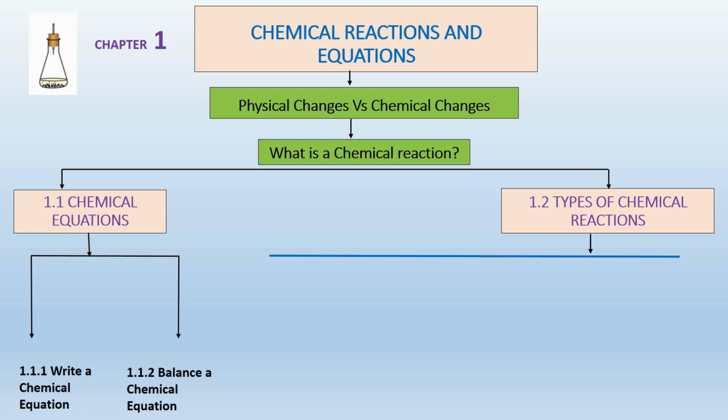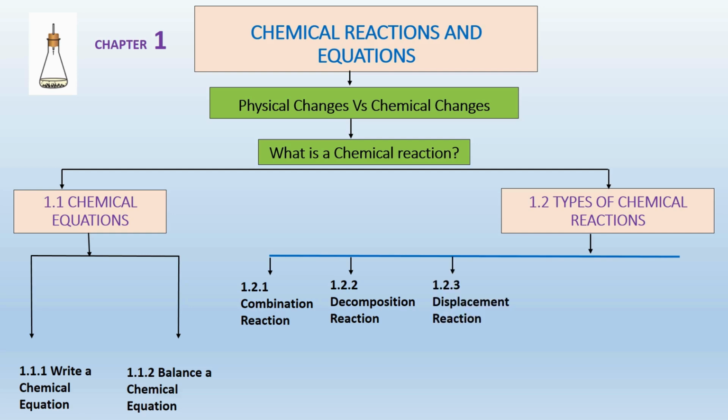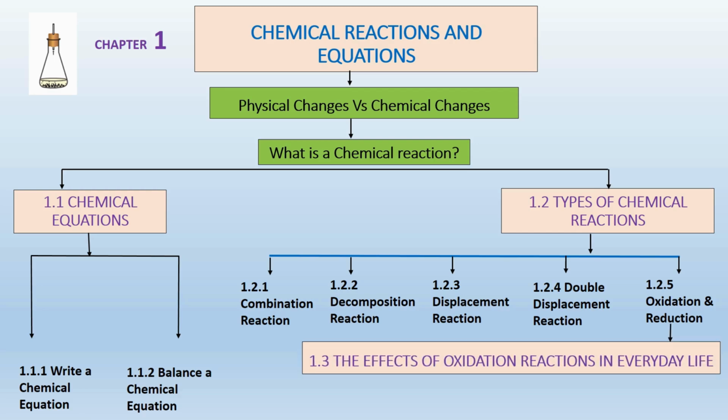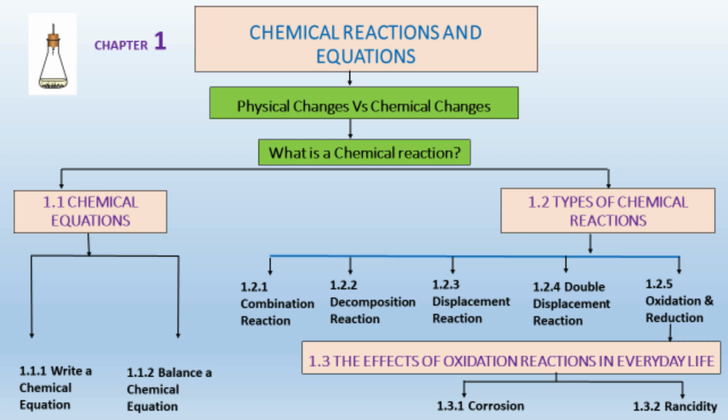The different types of chemical reactions which we are going to learn in this chapter are combination reaction, decomposition reaction, displacement reaction, double displacement reaction, oxidation and reduction. And under this, we are going to learn the effects of oxidation reaction in everyday life, such as corrosion and rancidity.